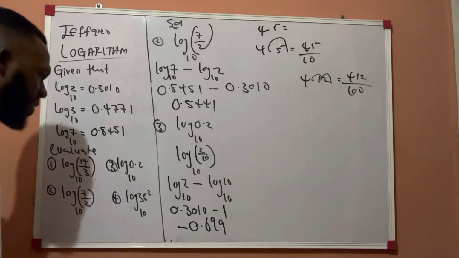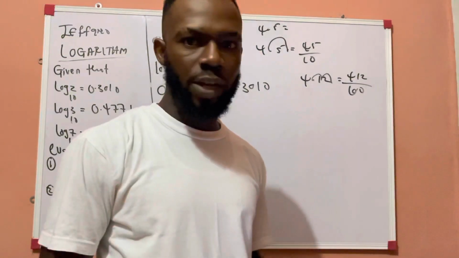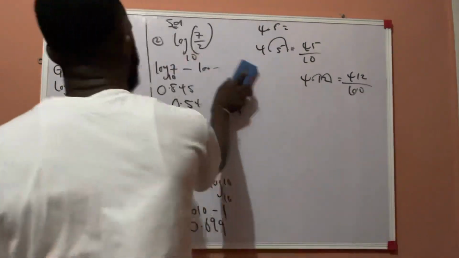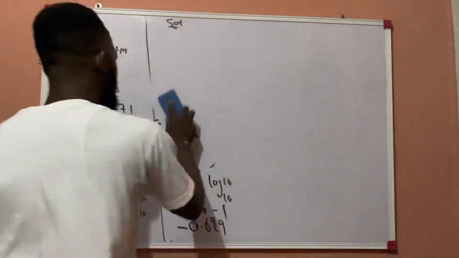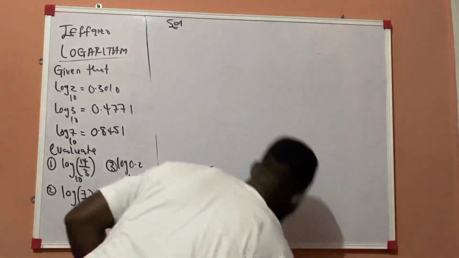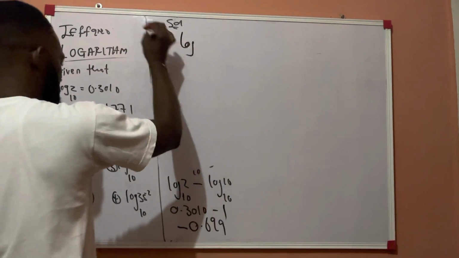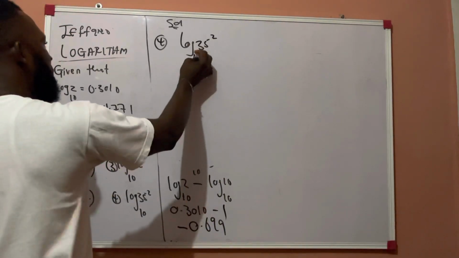Without wasting time, going to question number 4, which is the last question for today. Question number 4 says log 35 raised to the power of 2 to the base of 10.